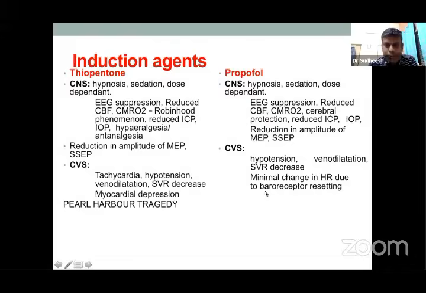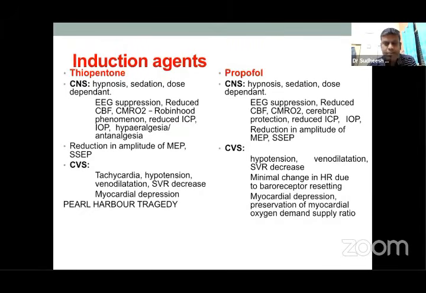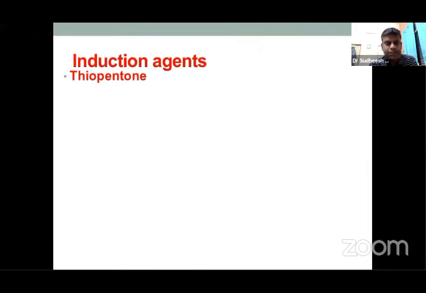This is mainly due to its effect on the central baroreceptors; suppression of baroreceptors results in absence of tachycardia to hypotension. It also has preservation of myocardial oxygen demand-supply ratio because it prevents tachycardia. So therefore, it has some cardioprotective effect.